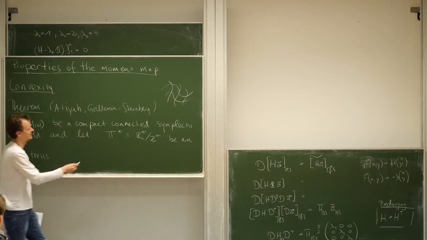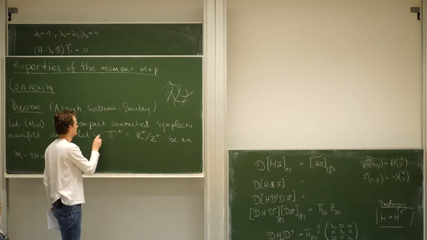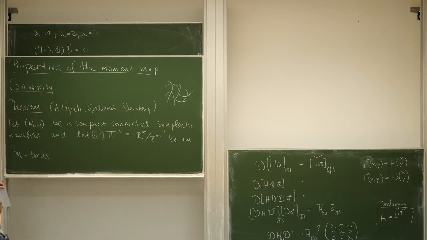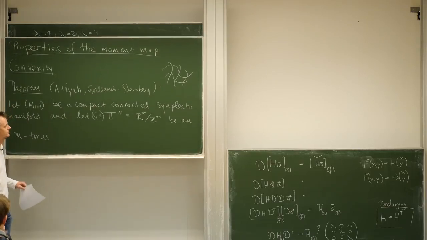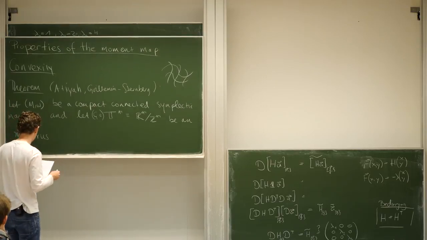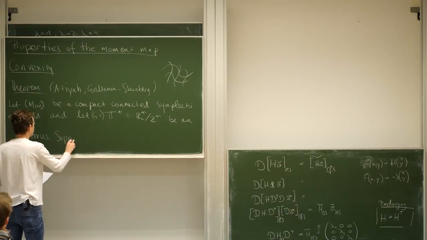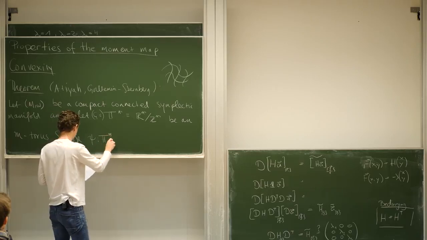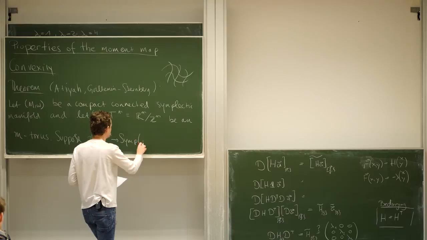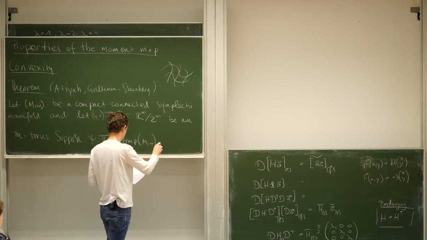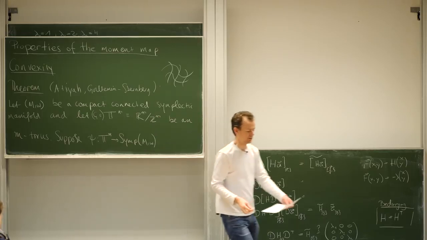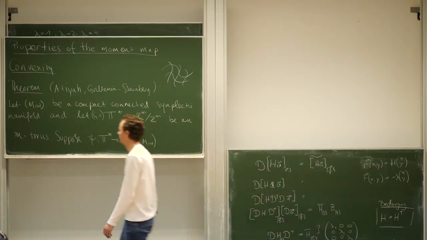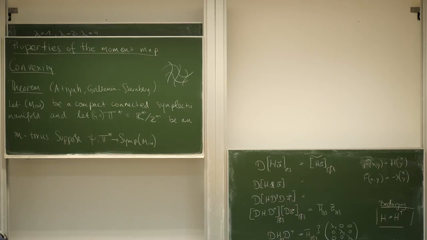And that group is not just any group, we're going to take it to be this torus group here. It acts on the manifold: you give it an element of the m-torus and it'll push around the points of the manifold in a smooth way such that the symplectic form is preserved.